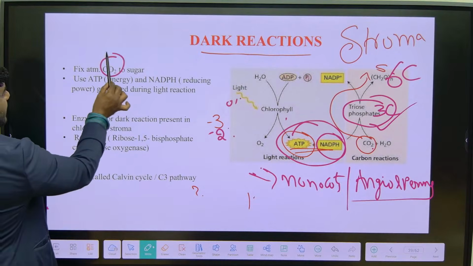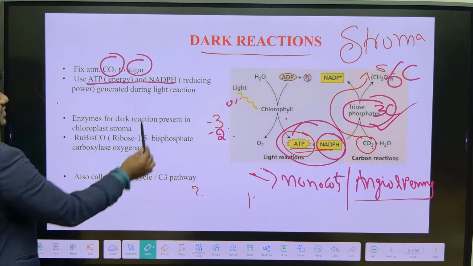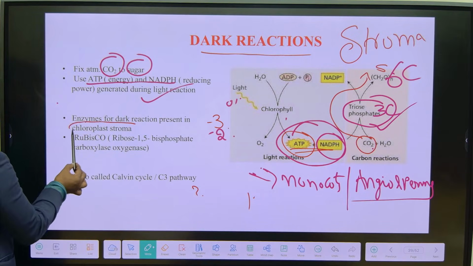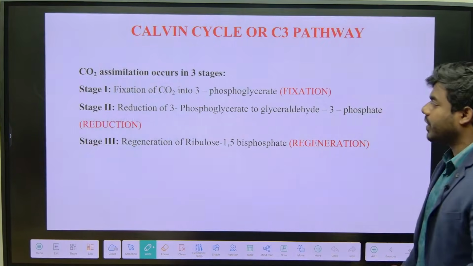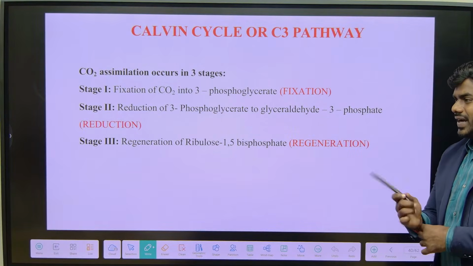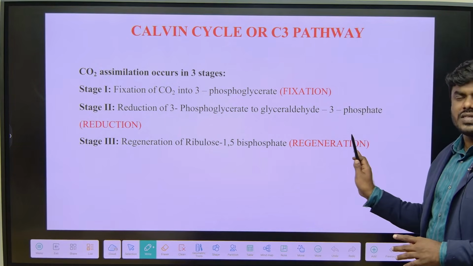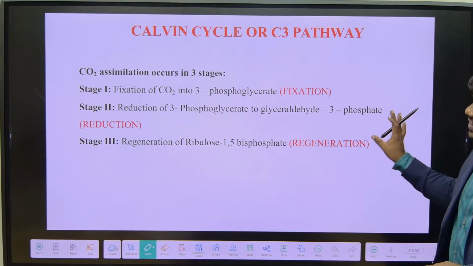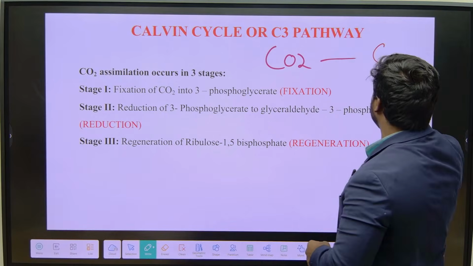Fixing the atmospheric carbon into sugar by using energy generated during the light reaction. All the reactions take place exclusively in the stroma because of the availability of enzymes. Now we'll discuss slowly, because this is completely conceptual. You need not read and remember a lot of information here, just understand. Our ultimate goal is fixing the carbon into sugar.